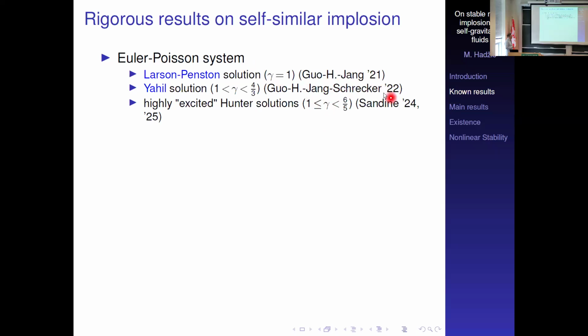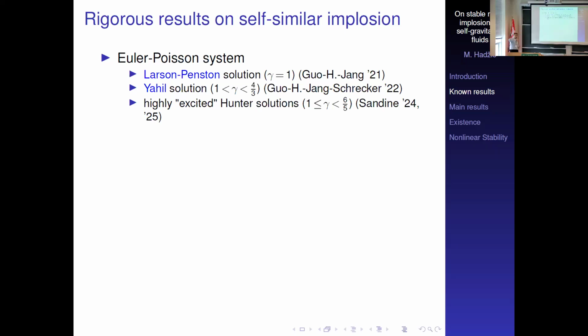Why does this get harder? I'm not sure I'll have time to explain, but there's a lot more work here than here, and there was already quite some work in this result as well. These first two results refer to what I would like to think of as ground state profiles of some kind. Fix a gamma, and this is what you would hope is somehow stable.